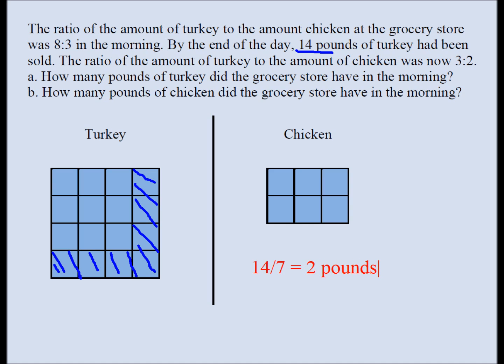So each square has to be worth 2 pounds. This has to be 2, this has to be 2, this has to be 2, this has to be 2. You want to get that because they sold 7 squares and they sold 14 pounds. So you take your 14 pounds divided by 7 and you get 2.